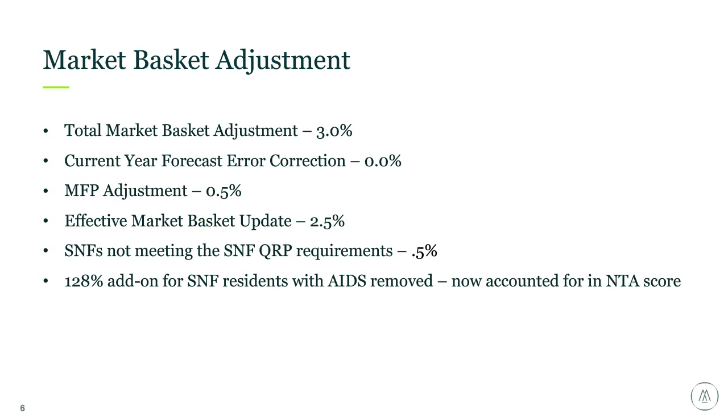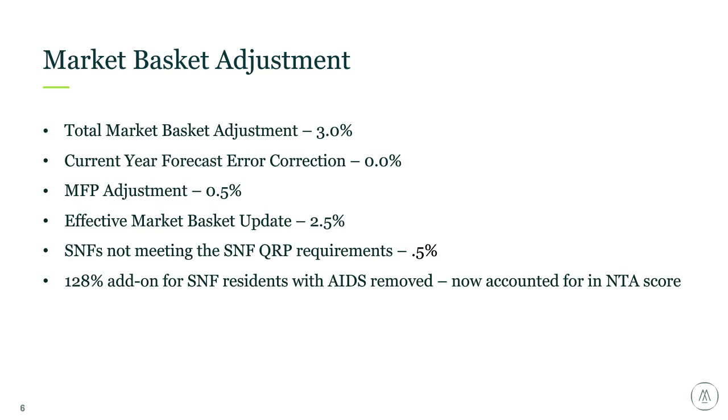The reason why it's important to know that CMS will go back and do a forecast error correction is that actually in the Social Security Act, when CMS was created, when all of these programs came together and prospective payments were developed in the 80s and 90s, the mandate was that these programs could not go back and retroactively recoup money. That's why they had to create bodies such as recovery audit contractors and zone program integrity contractors, because they had to have a separate body similar to the OIG that could go back and take back money that was improperly paid.